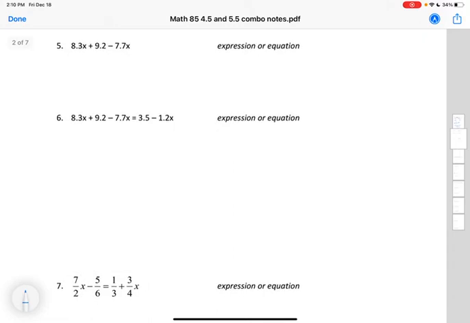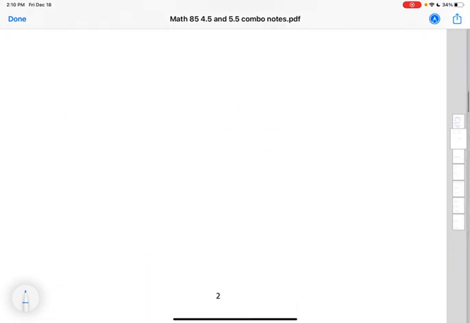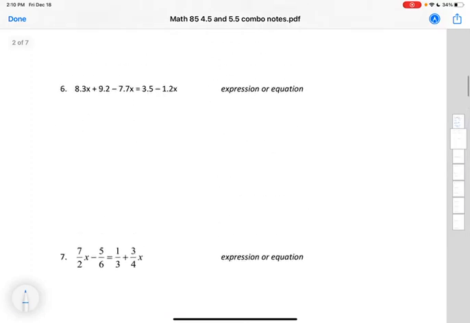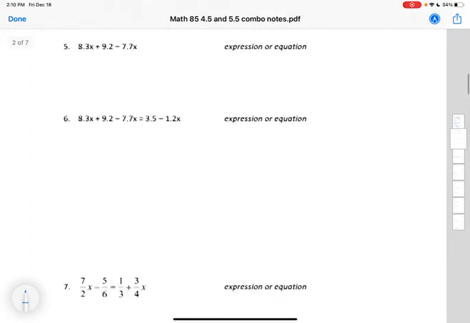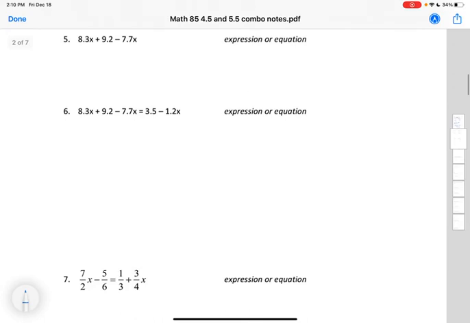Turn the page. Let's go ahead and have you try the whole page. You should know how to do these, right? Because we've been practicing a lot with the decimals, fractions, whole numbers. So go ahead and try all three of those. Let me put the answers up.